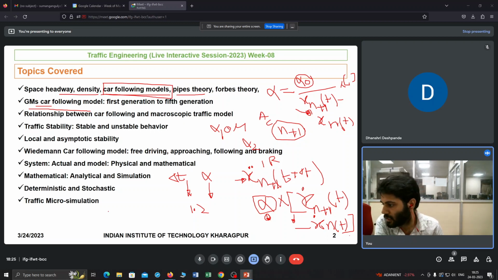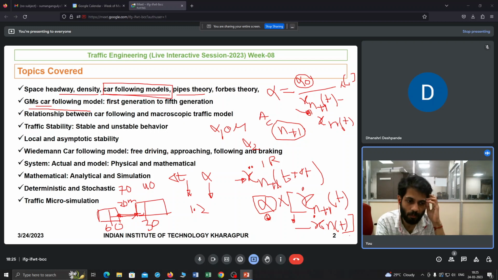Suppose it is 60 and 30 in one, so the relative speed is 30, and the space headway, center to center, is hypothetically 20 meters. In the other scenario, it is 70 and 40, something like that.